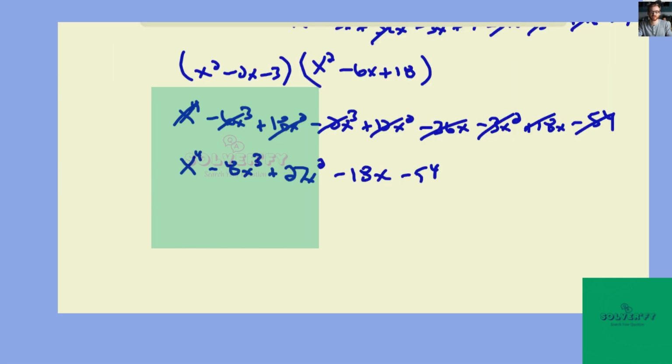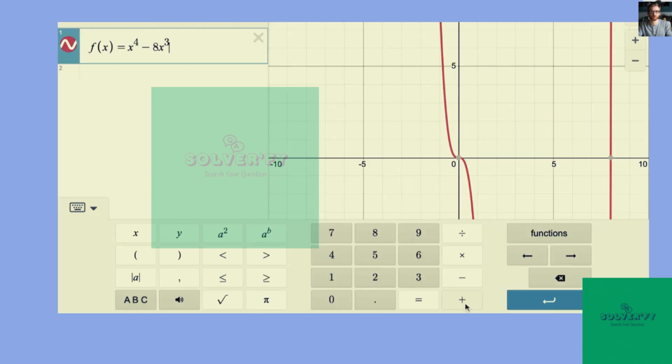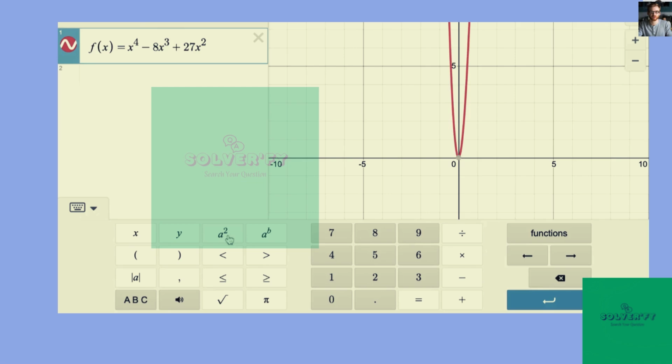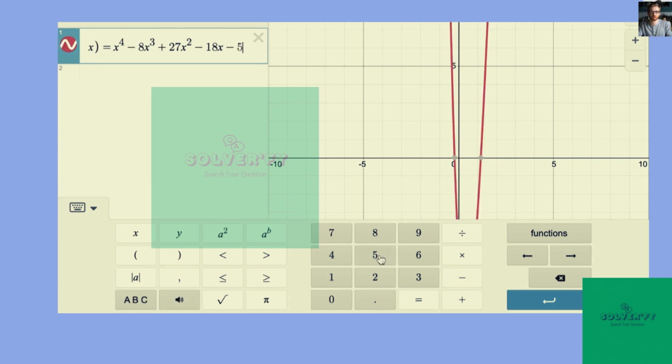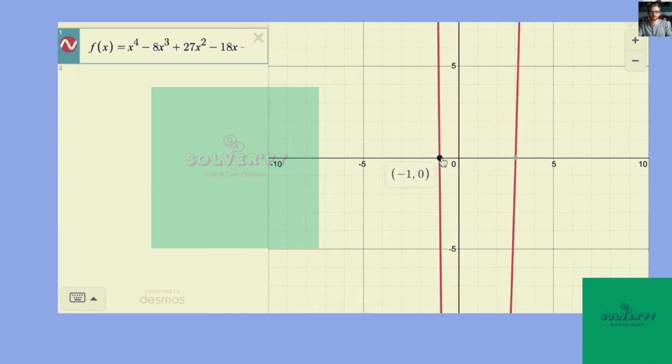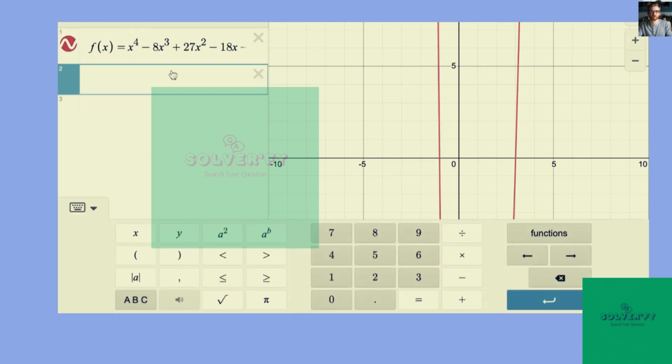We said minus 8x cubed plus 27x squared minus 18x minus 54. We see our zeros at negative 1 and at 3, but we want to find f.